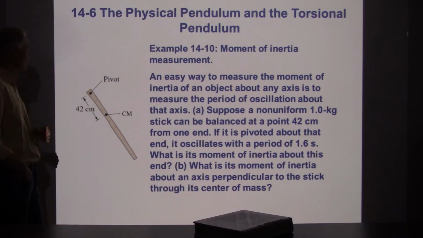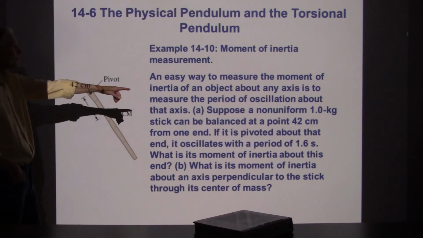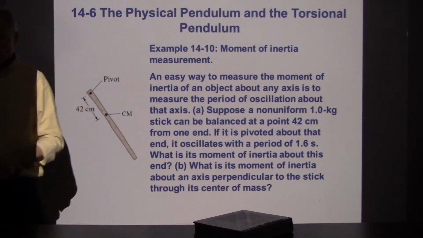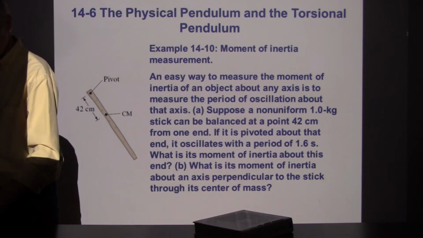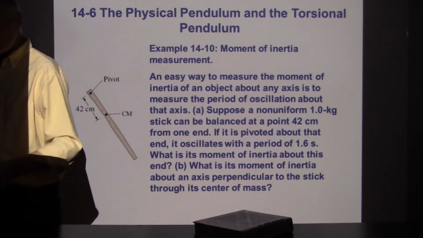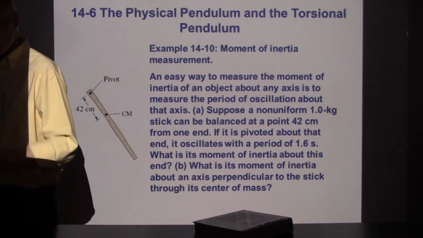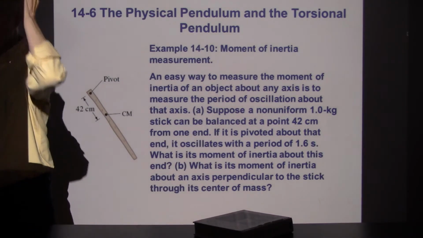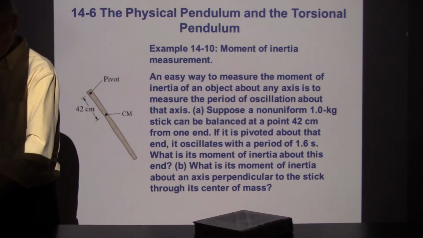It can be balanced at a point 42 centimeters from the end. The oscillation period is 1.6. Okay, let's go in and calculate. What they want us to calculate is the moment of inertia for this stick.